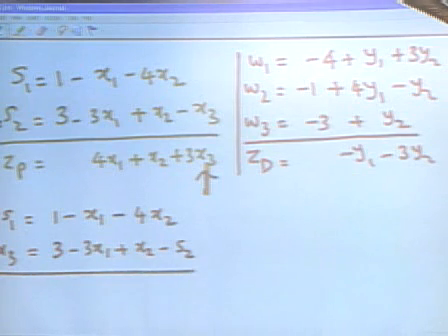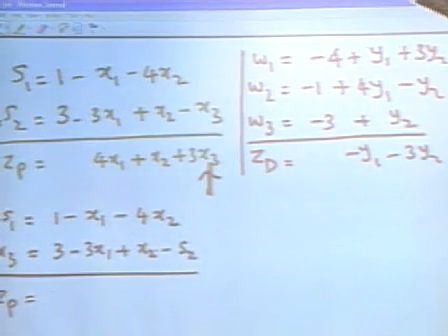And the last row, of course, zp, I'll keep 4x1 and x2, and I'll use 3 times the x3 equation.